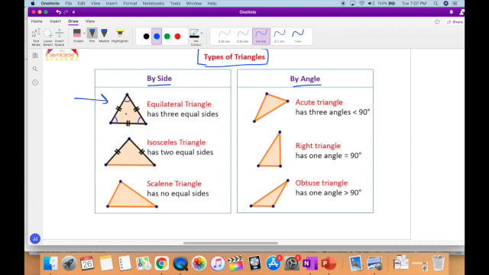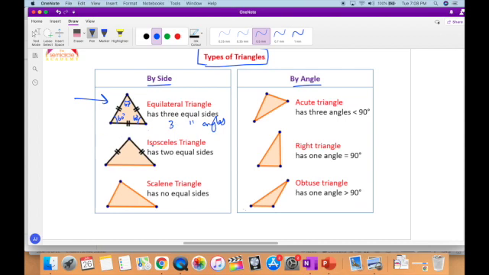An equilateral triangle always has angles of 60 degrees, because only angles of 60 degrees, adding up to 180, can form an equilateral triangle. No matter how long the sides are, once the sides are equal, you will end up with 60 degrees. So that's an equilateral triangle. 3 equal sides, 3 equal angles, and that is 60 degrees.